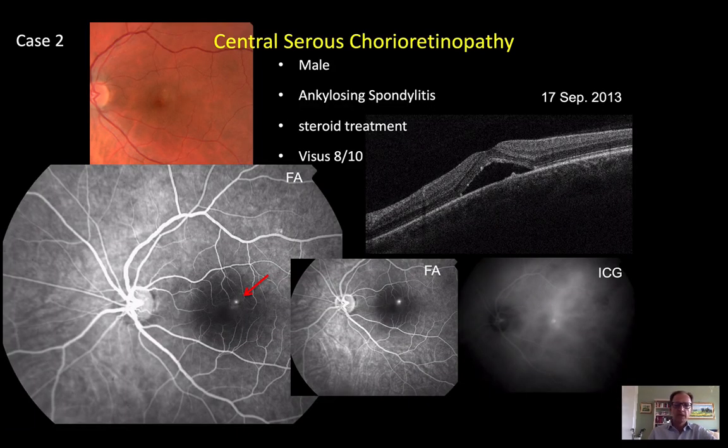Second case. This is a male patient with a history of ankylosing spondylitis, and for this reason he was under steroid treatment. He was referred to us because of a decrease in visual acuity in September 2013. Visual acuity was 8/10.